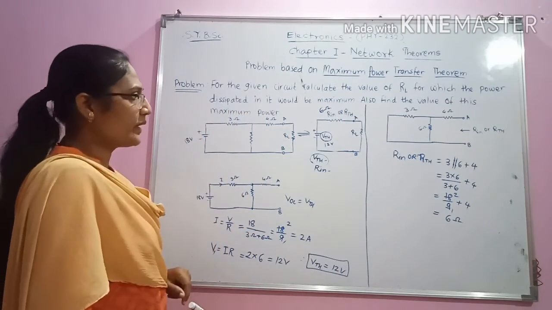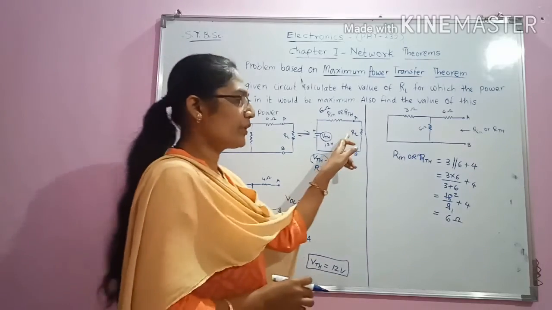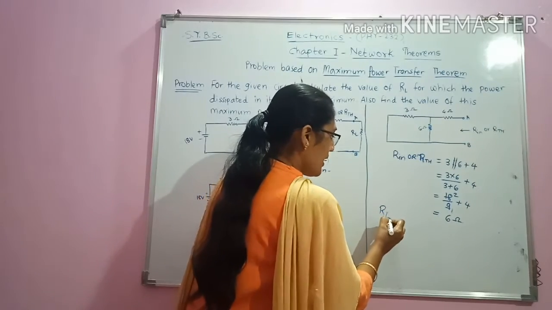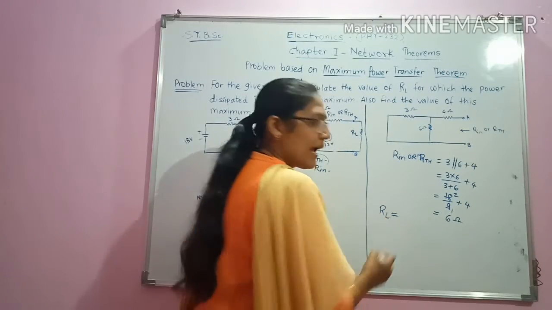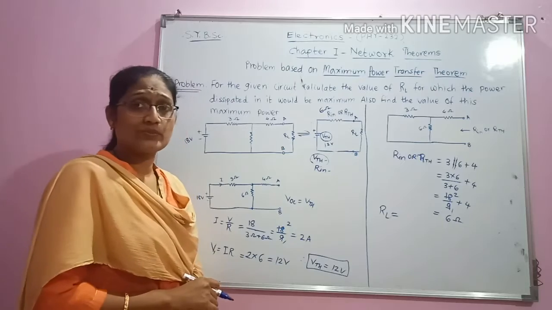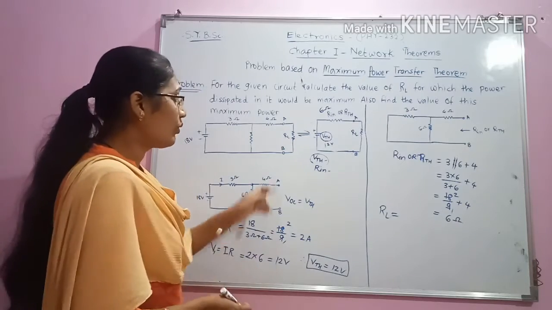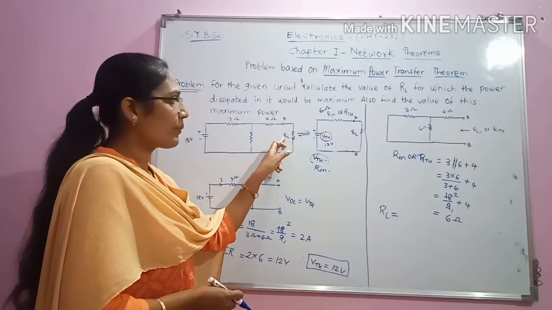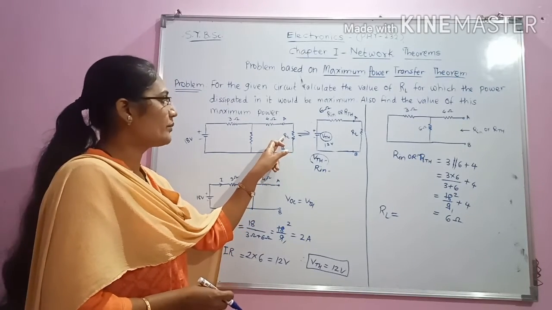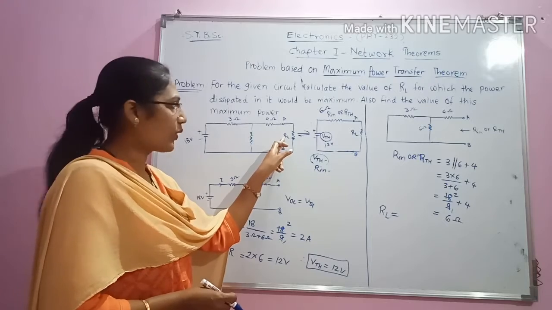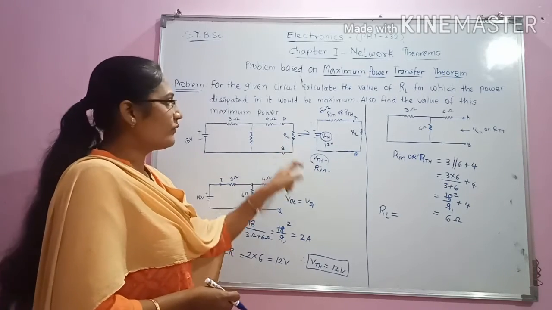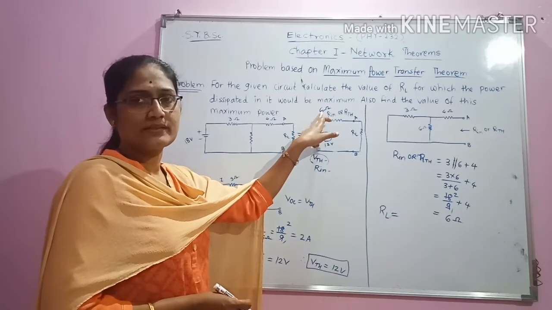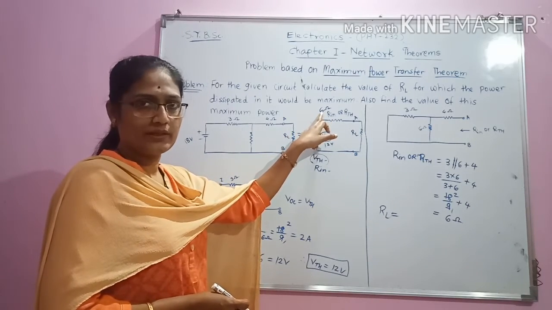Now the next point is we have to find out the value of RL. Then what will be the value of RL? As per the maximum power transfer theorem, for maximum power dissipation across the RL, the value of RL should be equal to the internal resistance of the equivalent circuit.